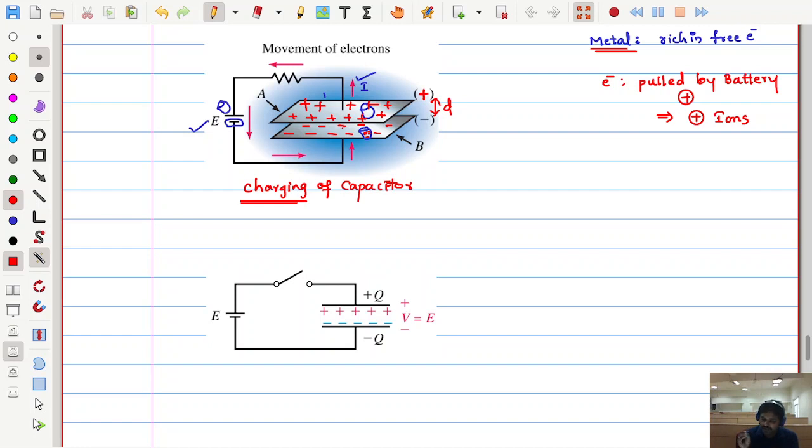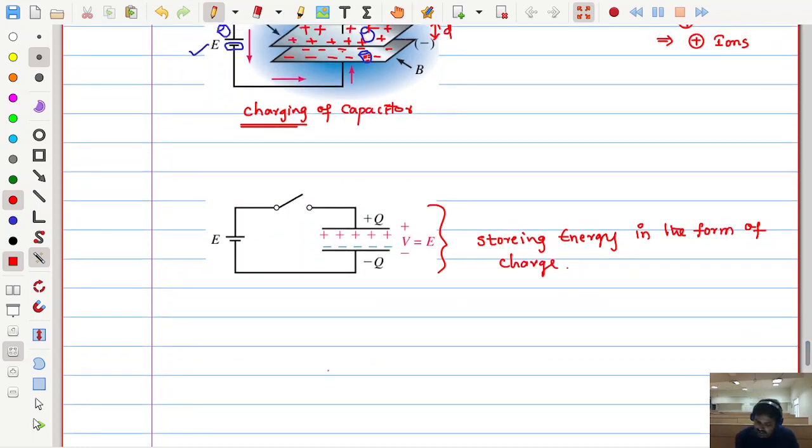So the charge separation is going to stay on the capacitor plates as it is. This staying of the charges plus q and minus q on the capacitor plates we call the capacitor storing the energy, in the form of charge.